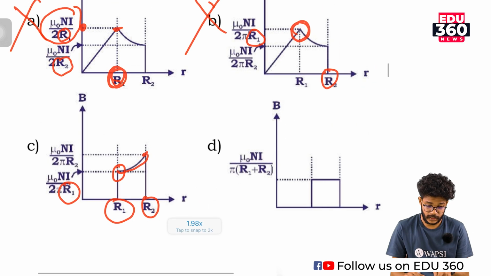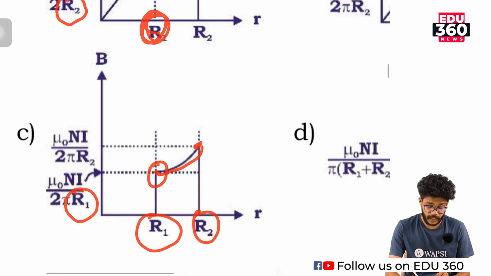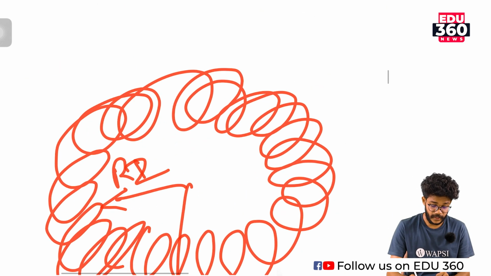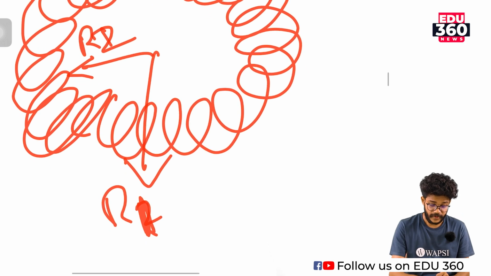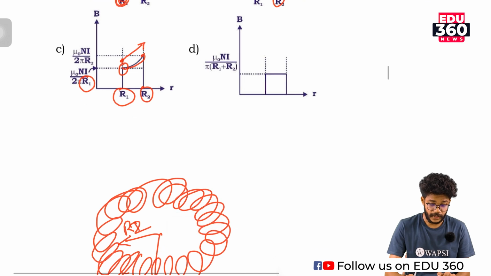But in this graph, it says that the magnetic field increases when we go from R1 to R2.